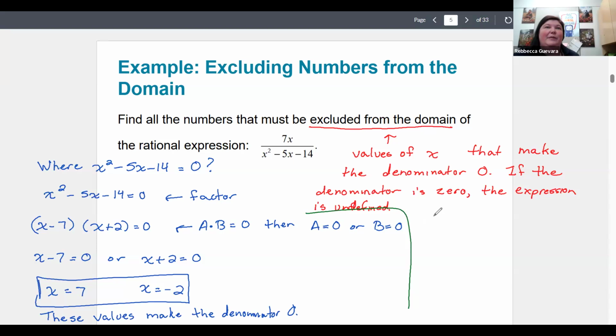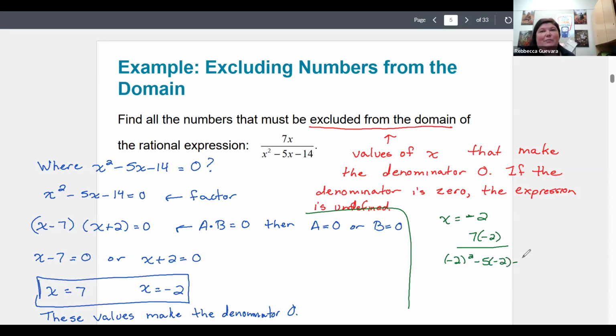Got a little bit going on here, but let's do a little demonstration. Let's say x is, well, let's pick -2. If x is -2 and I plug it into my expression, I have 7 times -2 on top divided by -2 squared minus 5 times -2 minus 14 on bottom.